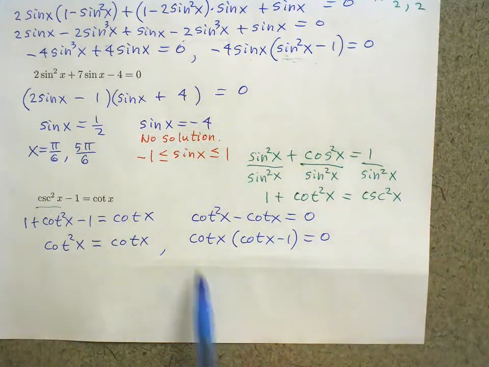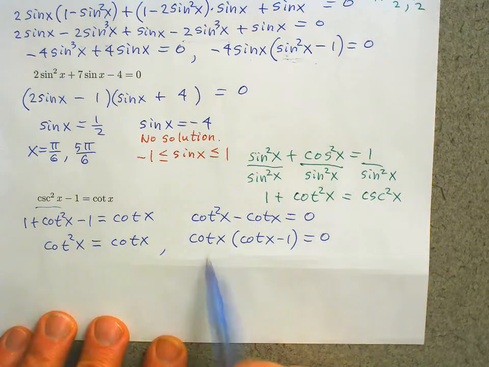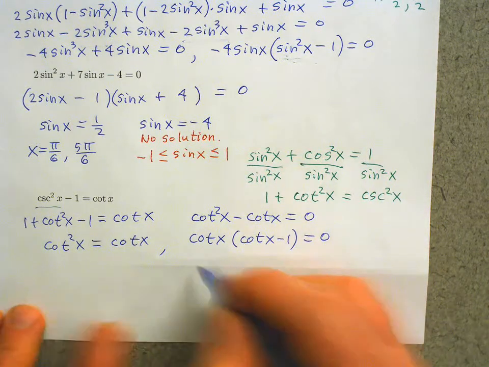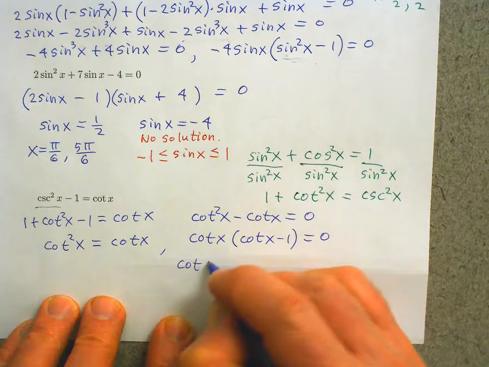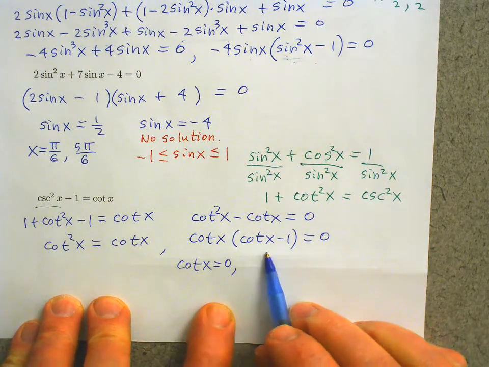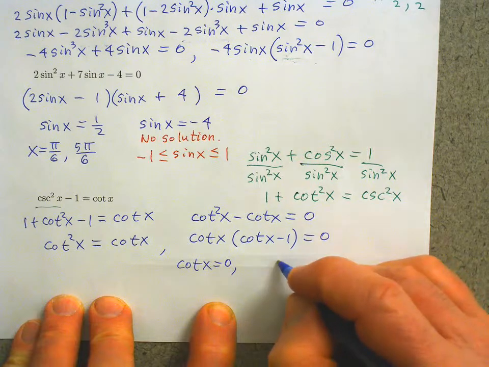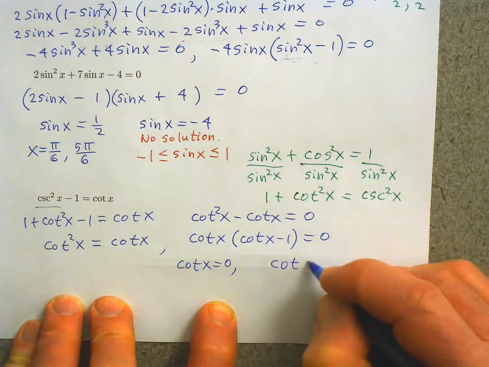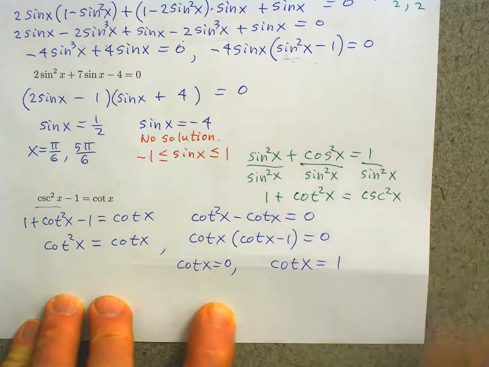And then cotangent of x, set that equal to 0. Set the other factor equal to 0. Cotangent of x minus 1 equals 0, and then add 1 to both sides. You get cotangent of x equals 1.